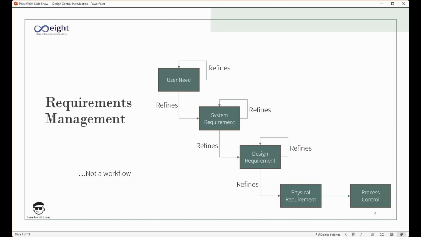That's true for user needs in that we have not only user needs, but intended uses, and the user needs define those intended uses. So we need that relationship inside of user needs, systems and subsystems, of course, and then design requirements. Oftentimes what we end up doing is deconstructing the design requirement. You know, the design will include the following, and then we have a list of the following. It requires this sort of refinement relationship.